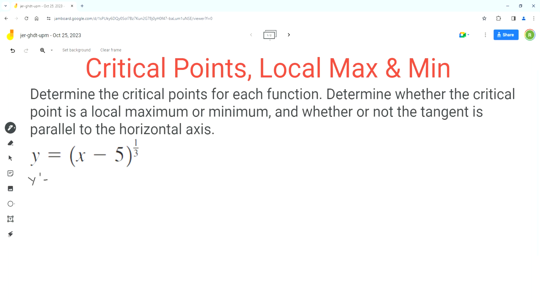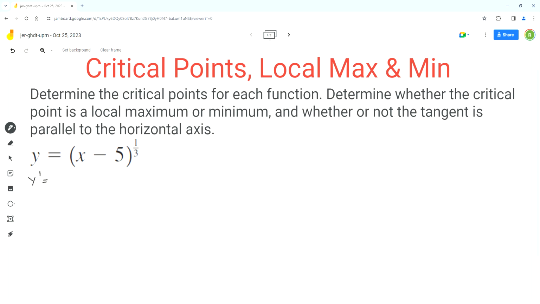for this function we'll have to use the chain rule because there is this inner function x minus 5 and then the outer function is the exponential function with exponent 1 over 3. So we start with the derivative of the outer function, and for that we'll have to use the power rule.